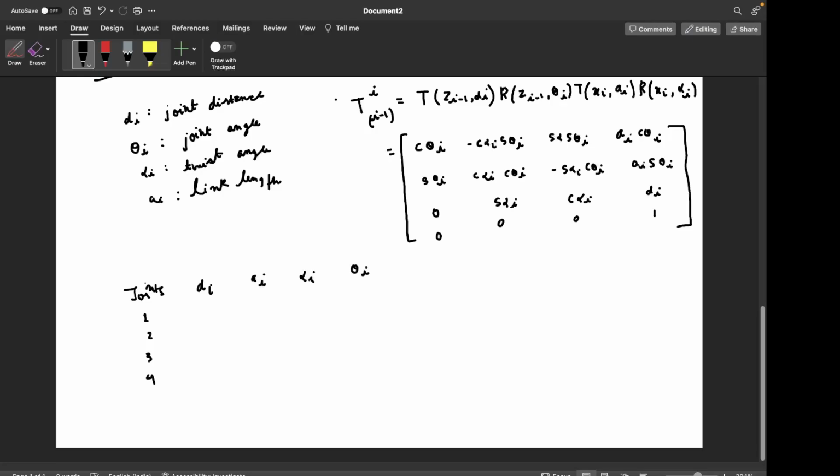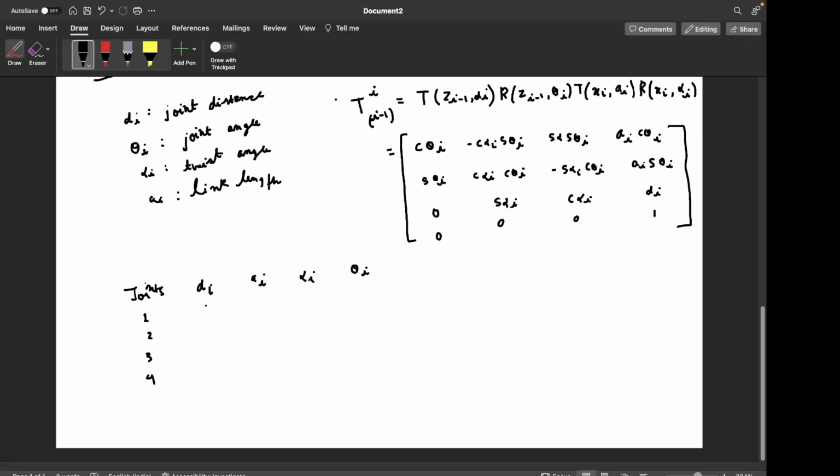Okay, so now coming to the first joint. What was di? Di was the joint distance, basically the distance from the origin of the I minus 1th frame to the point along zi minus 1, right?